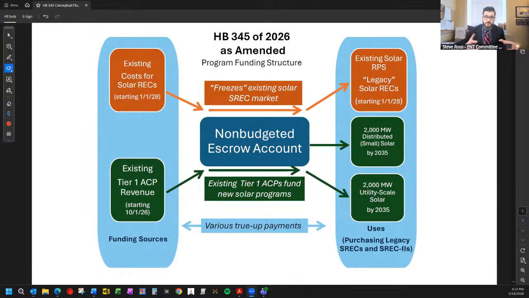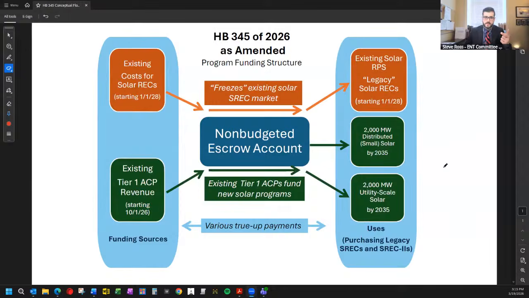As introduced, it was also that. However, there were some additional pieces in there. Last time, as far as money that was going into the account, there were other sources. There was a data center revenue stream that has been struck from the amendment. And there was also a non-bypassable surcharge to cover any remaining costs to fund these programs.